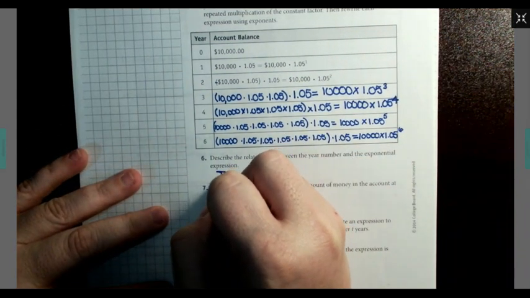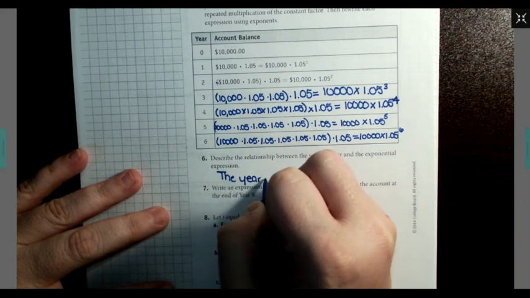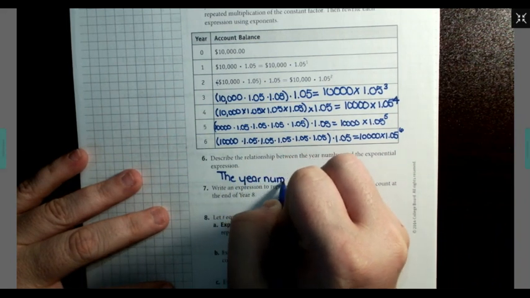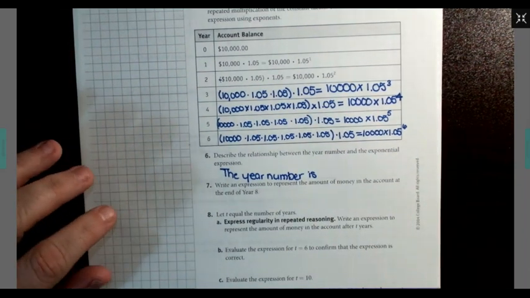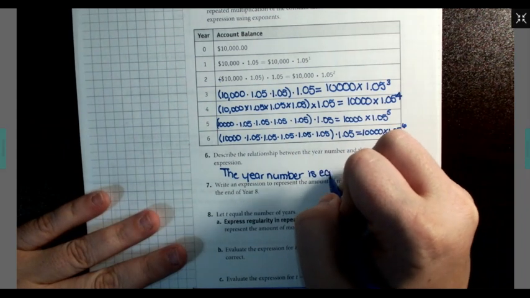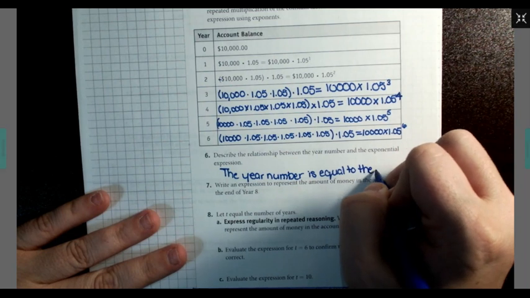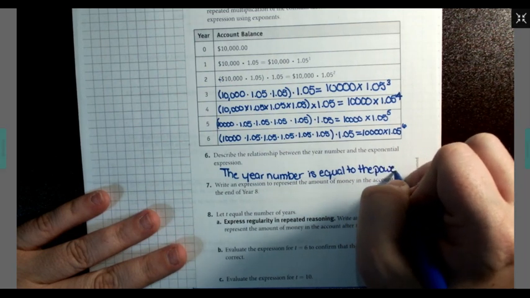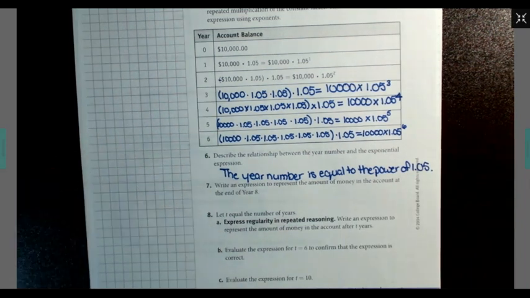So the year number is equal to the power of 1.05.